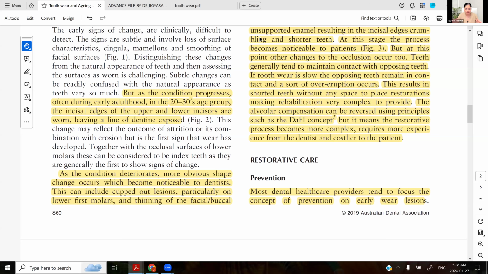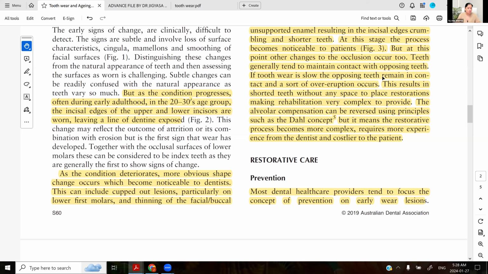Remember first, when the wear is happening rapidly, the teeth do not have time to supra-erupt and meet and compensate for the lost tooth structure. Rapid wear will lead to bite collapse because teeth are not supra-erupting to compensate. When the tooth wear is slow, the opposing teeth remain in contact by compensation through supra-eruption. So the vertical dimension does not collapse.